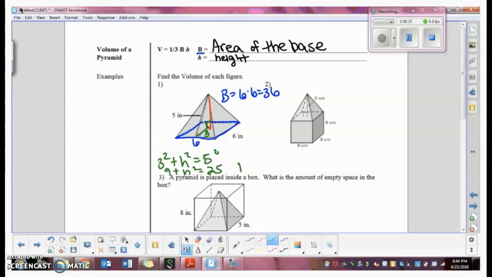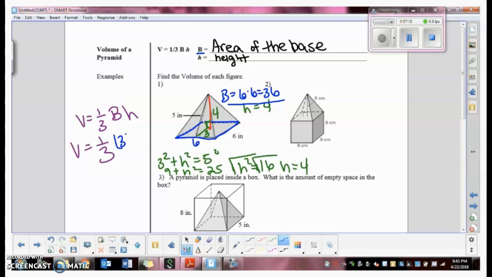So 3 squared plus h squared equals 5 squared, so h squared is 16. We did a nice example for you. h is 4. Sometimes you have to do a little bit of extra work to figure out exactly what you have to do to get that height. It's not always going to be super obvious.